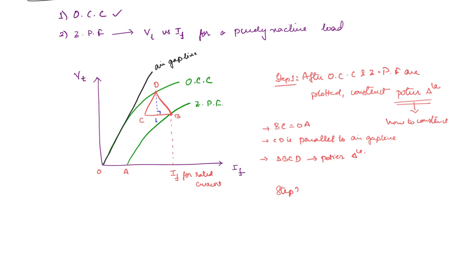Let us say this is point E. Now this DE will give you the leakage reactance voltage drop, and EB will give you the armature reaction in terms of MMF. What is the reason for this? We will discuss later. For now you just need to know that DE will give you the leakage reactance voltage drop and EB is going to give you the armature reaction MMF.